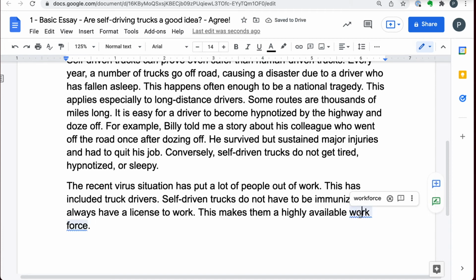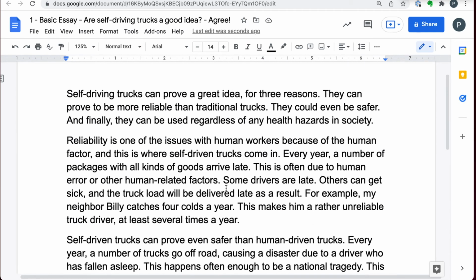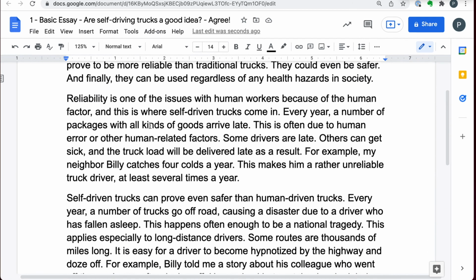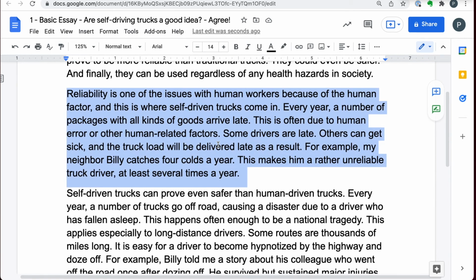Now, here's something interesting. This point is actually pretty similar to the point about reliability. However, this is still different.